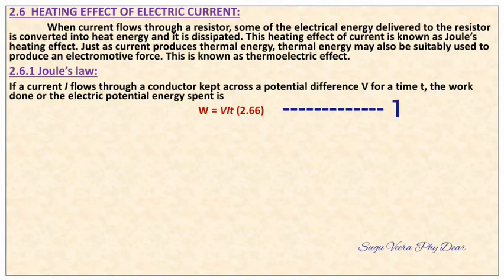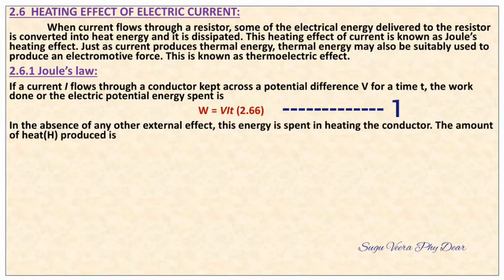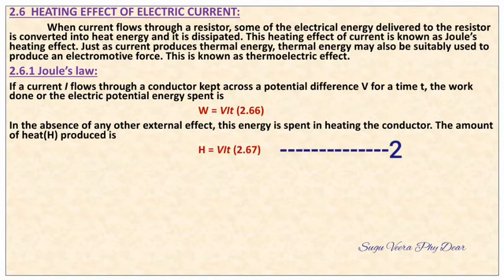This is equation number 1. In the absence of any other external effect, this energy is spent in heating the conductor. The amount of heat H produced is H equal to VIT. This is equation number 2.